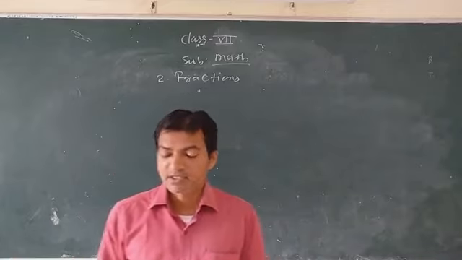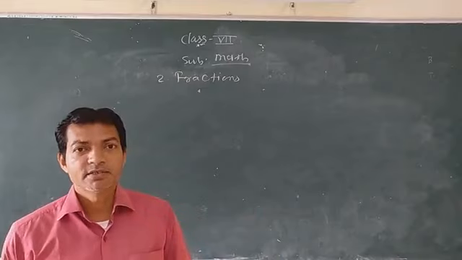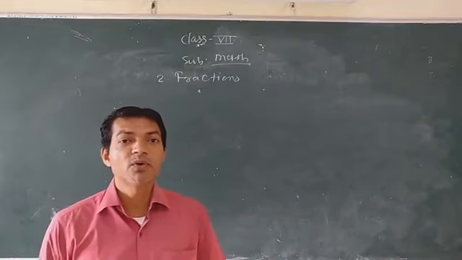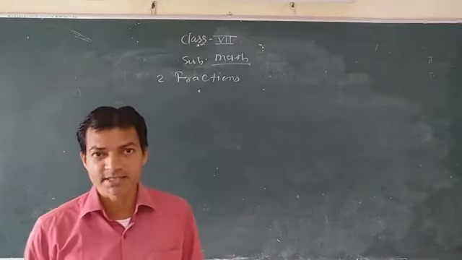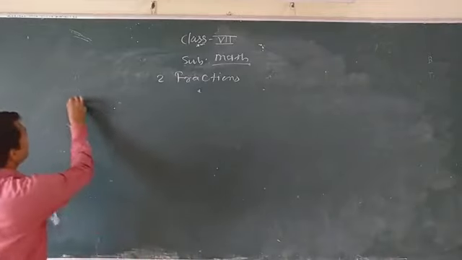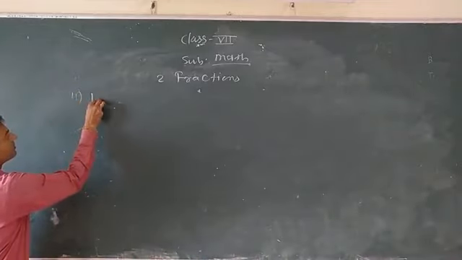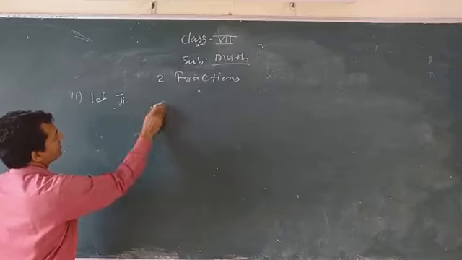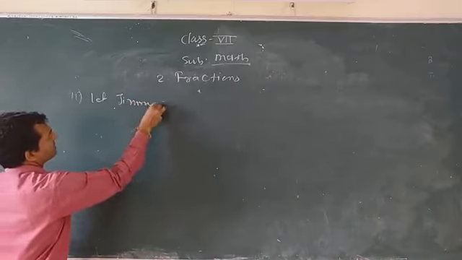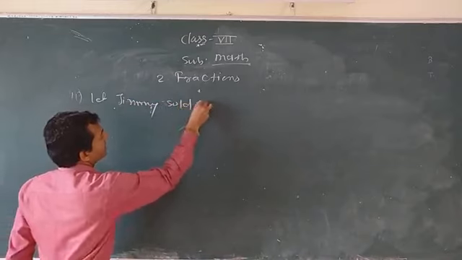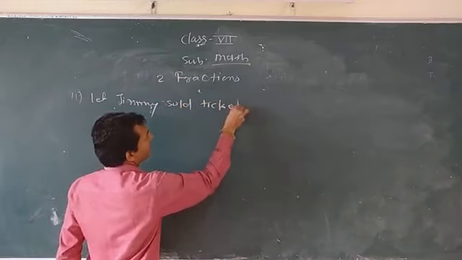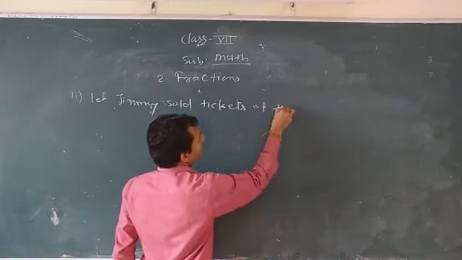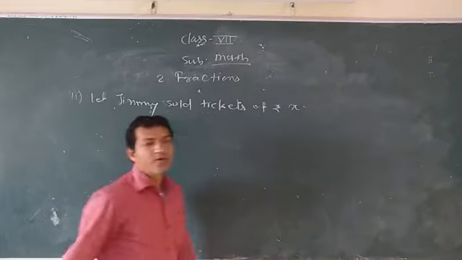Suppose it is not given, so you have to consider Jimmy sold the tickets of rupees X. Okay, let Jimmy sold tickets of rupees X.